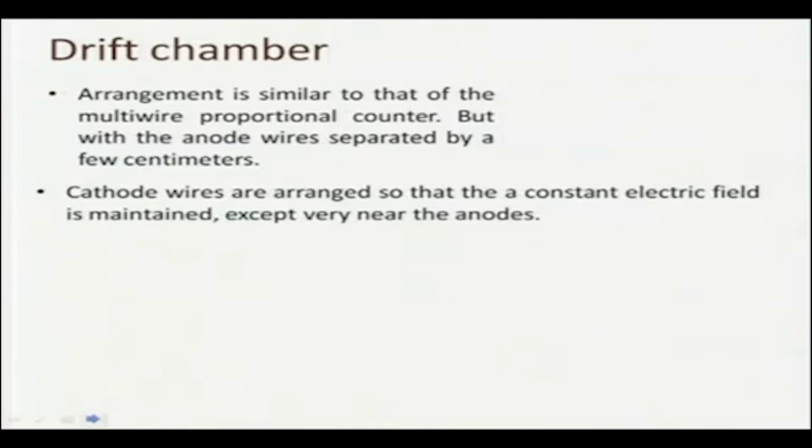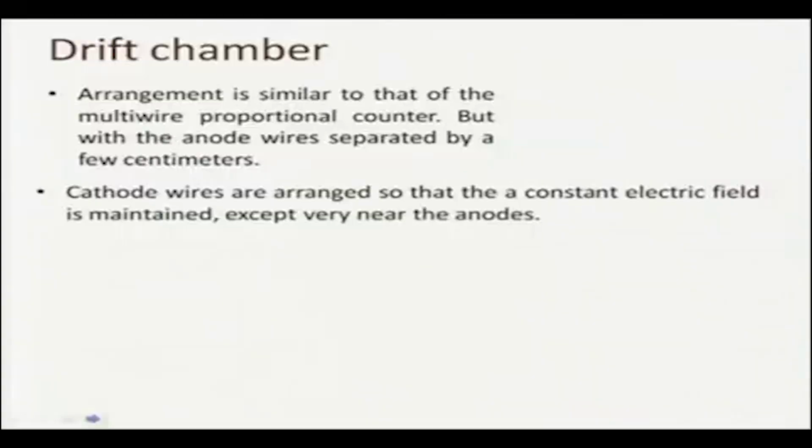The difference is that in the multi-wire proportional chamber, you do not have much time lag between the entry of the particle and the avalanche. So, the potential and the positions of the anode wires are such that the avalanche happens almost immediately.